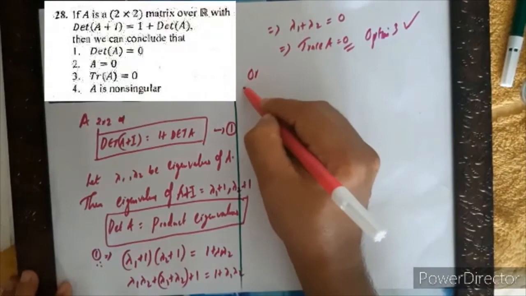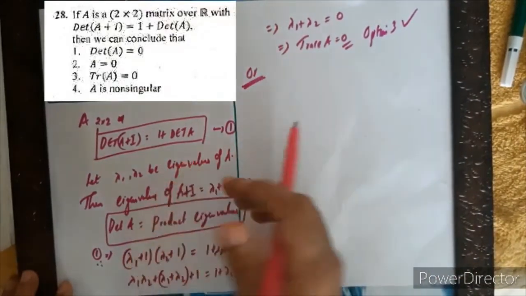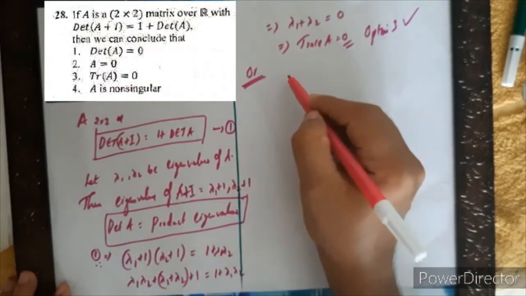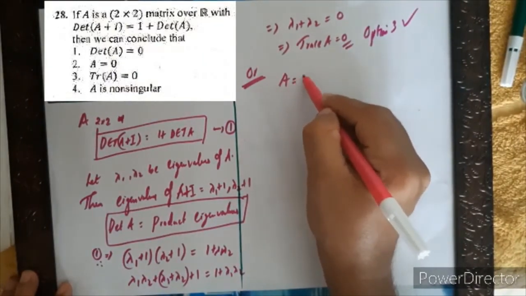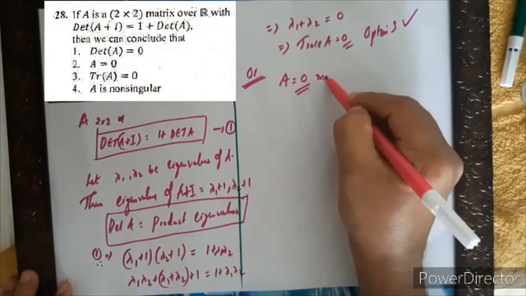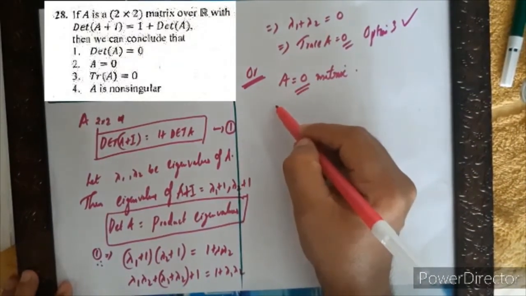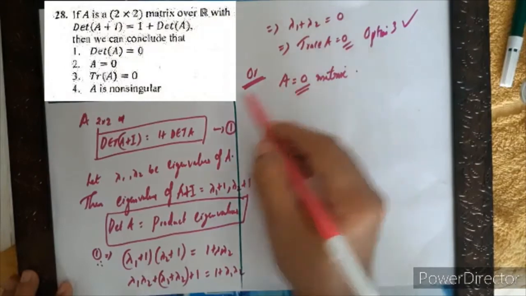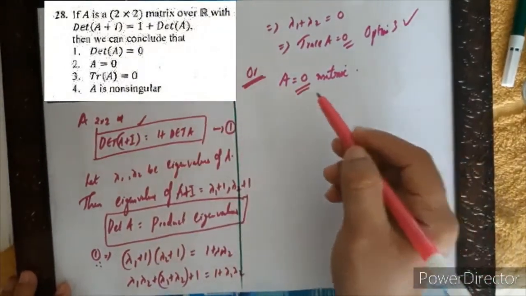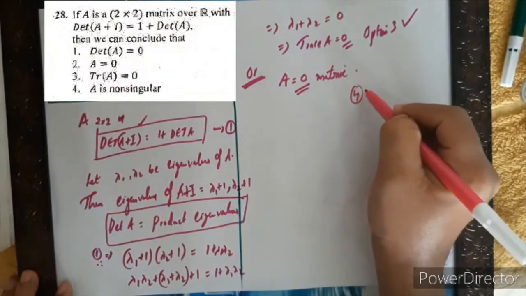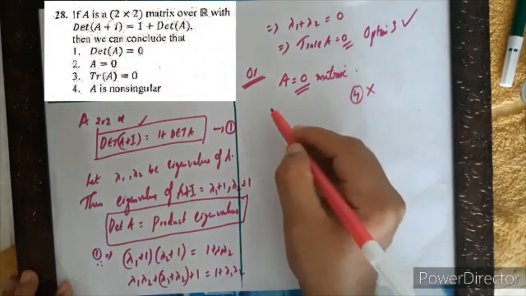Or if we don't know these things, we can use the trial and error method. If you choose A equal to the 0 matrix, then it satisfies this condition, so we can cancel out option 4.